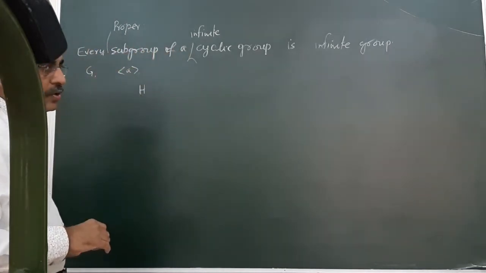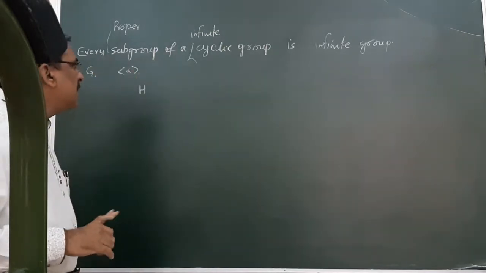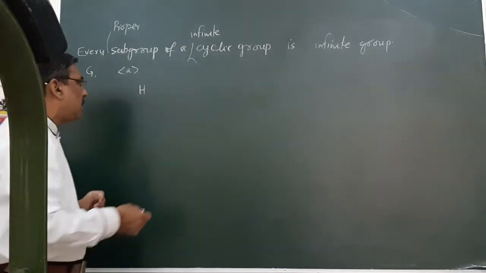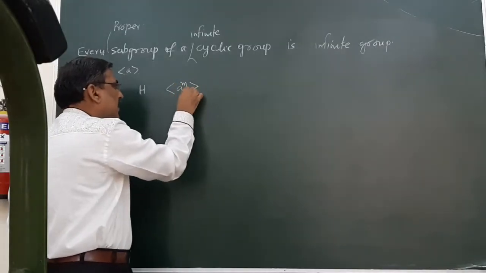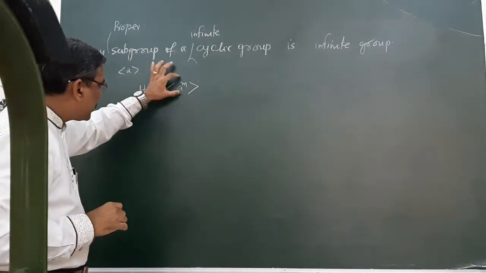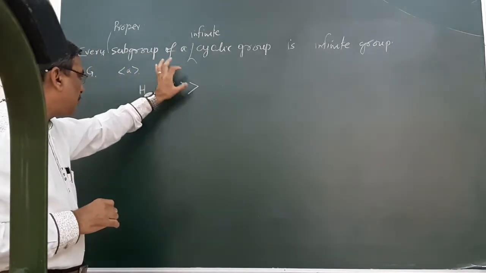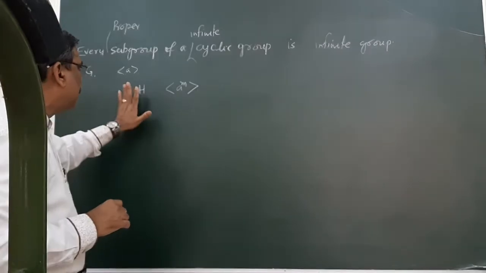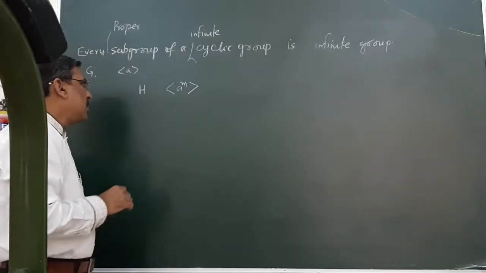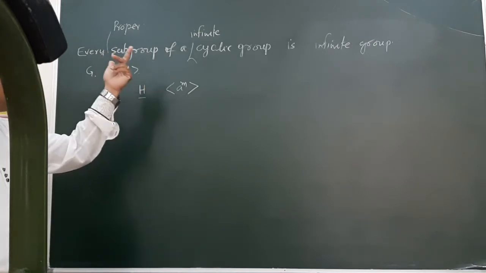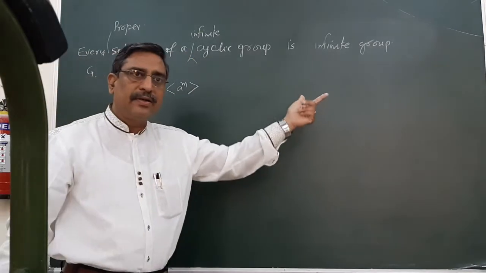Now H is a subgroup of this, and as we proved earlier in our previous theorem, H is a subgroup generated by A^n, where n is the lowest power of A in this cyclic group. Now our motto is to prove H is also infinite.